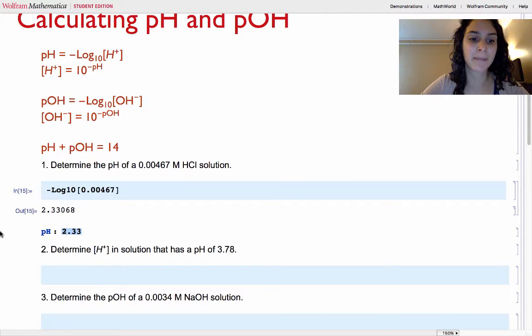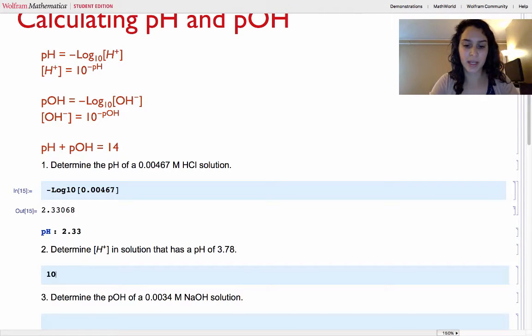Number 2 is saying, determine the hydrogen concentration in a solution that has a pH of 3.78. So here, if I take 10 and raise it to the negative pH value, that will give me my hydrogen ion concentration.